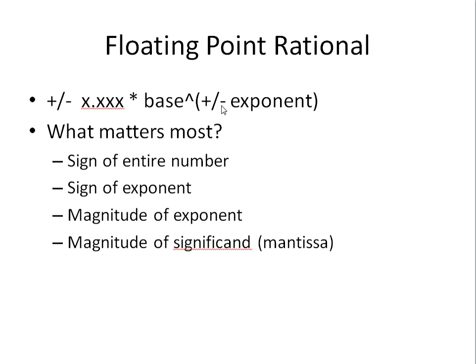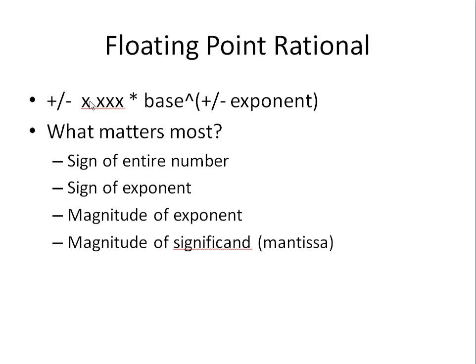If one's plus and the other's minus, you can just look at that one and tell the plus is going to be bigger than the minus. Then, if both of the signs are the same, the magnitude of the exponent is going to have the biggest effect. Then you can just look at that number to tell which one's bigger. If both of the signs and the exponent are the same, then you look at the magnitude of the significand.